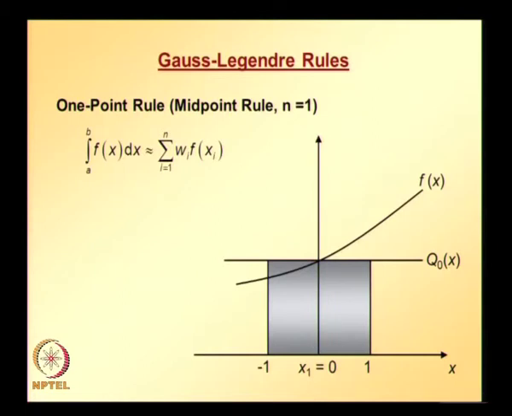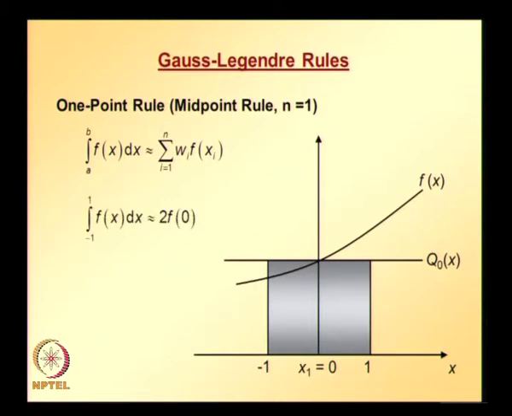The equation shown here is a general equation for Gauss-Legendre rules or Gauss quadrature, that is, the integral of f(x) between the limits a to b is approximated as the function evaluated at certain points multiplied by the corresponding weights. For the 1 point rule, n is equal to 1.